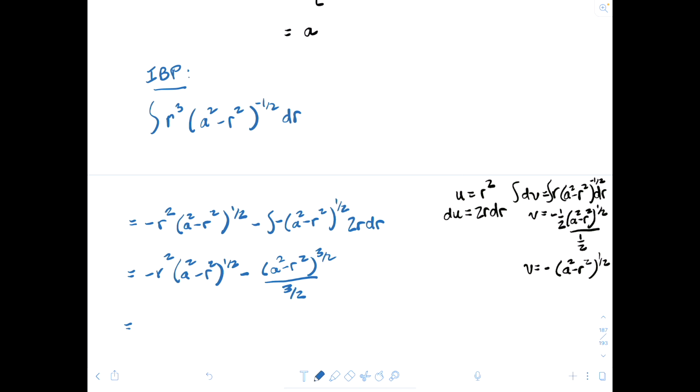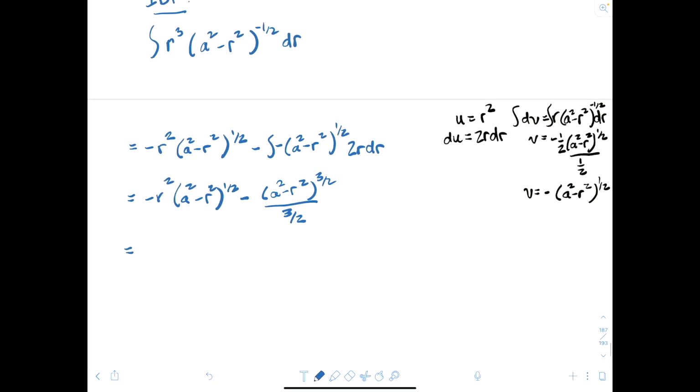I'm not going to put the plus c because we're going to be evaluating it. And so we will have negative r squared times a squared minus r squared to the 1/2 minus 2/3 times a squared minus r squared to the 3/2. Groovy?